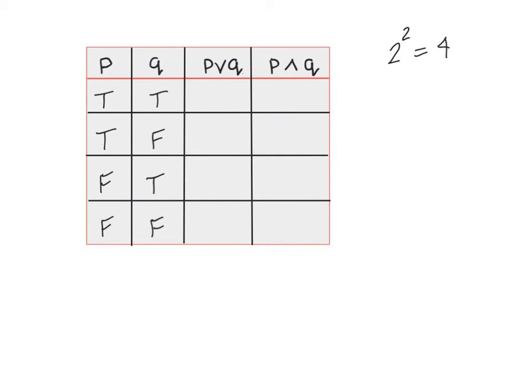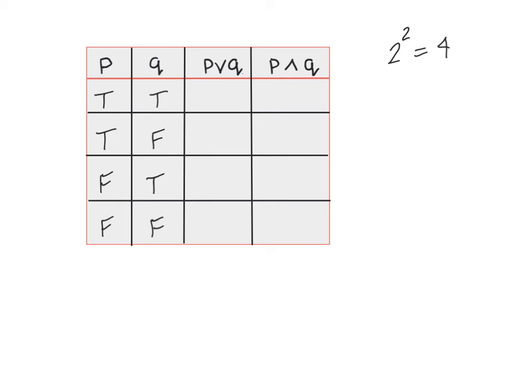Now, what do these next 2 columns represent? The next column is P or Q, where the symbol means or in logic and in truth tables. What we're saying there is if P or Q is true, then the statement is true, and the P or Q column will have a true in it.